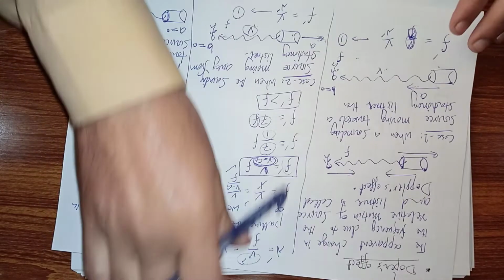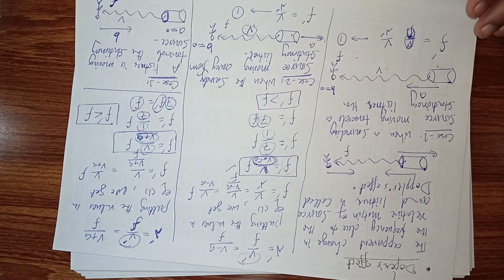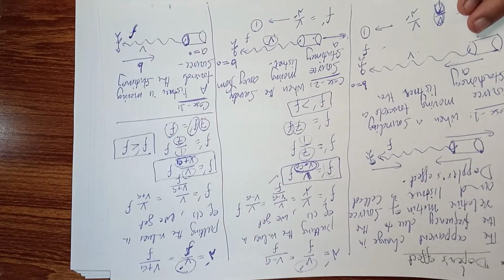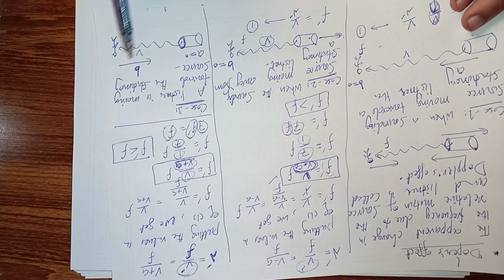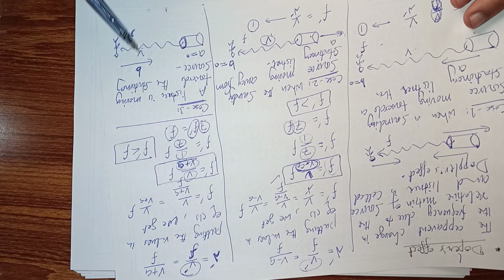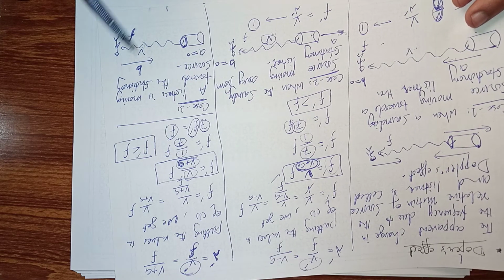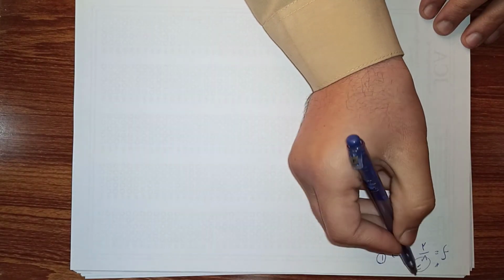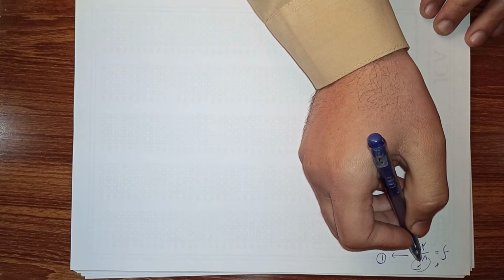In the diagram, these are the two speeds which are opposite to one another. If these two speeds are opposite to one another, their relative speed will be added.